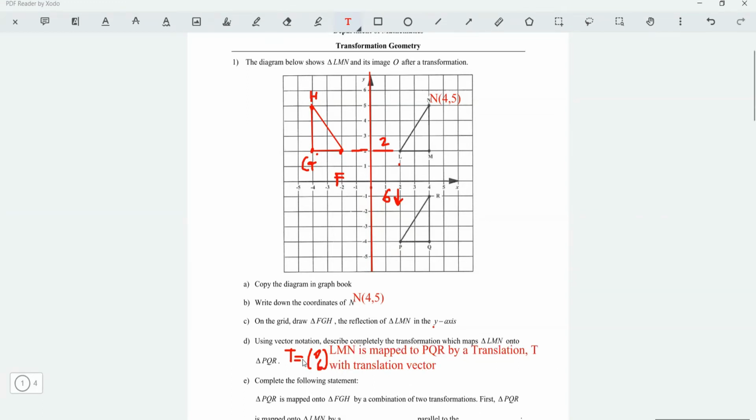I know this part, T equals (0, 6), should have come after. All right, with translation vector T being equal to (0, 6). So that's it.